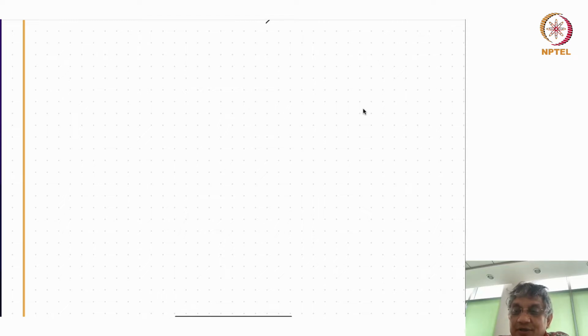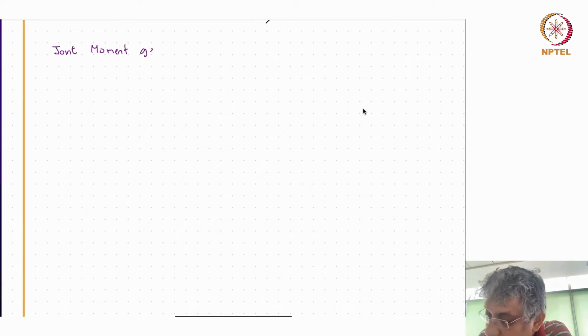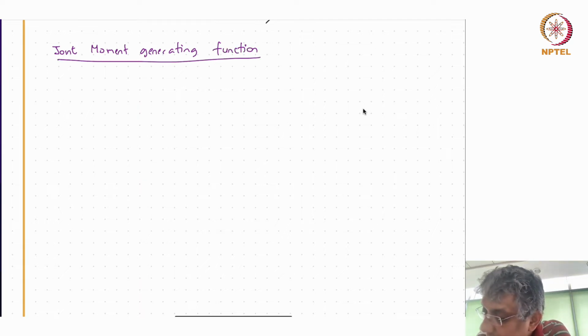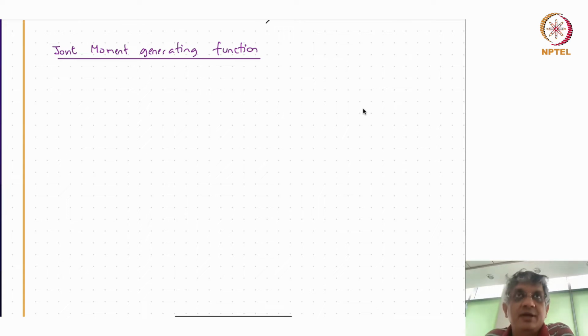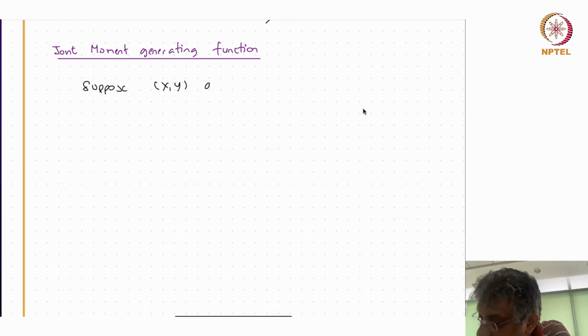So what we'll first do is define a moment generating function for a pair of random variables. Let me call it the joint moment generating function. Suppose X and Y are two random variables.